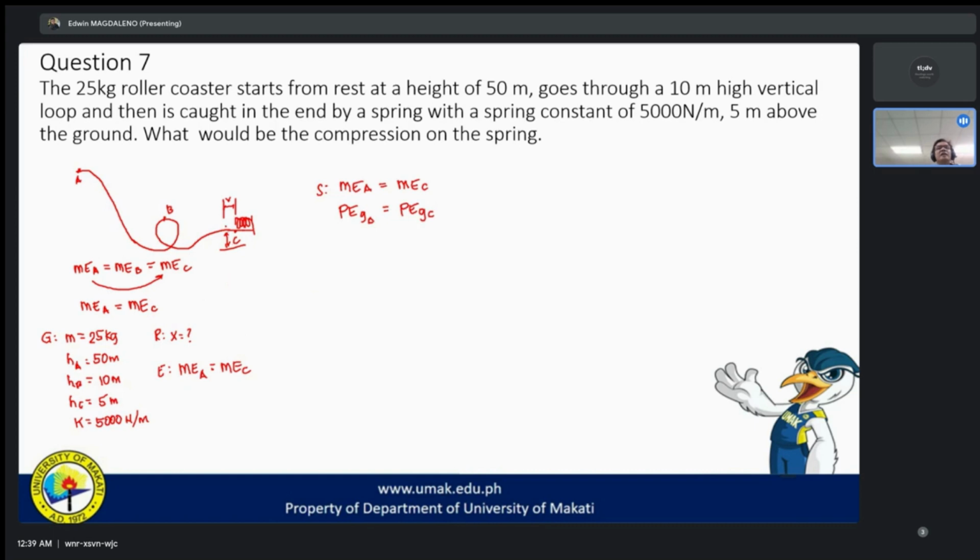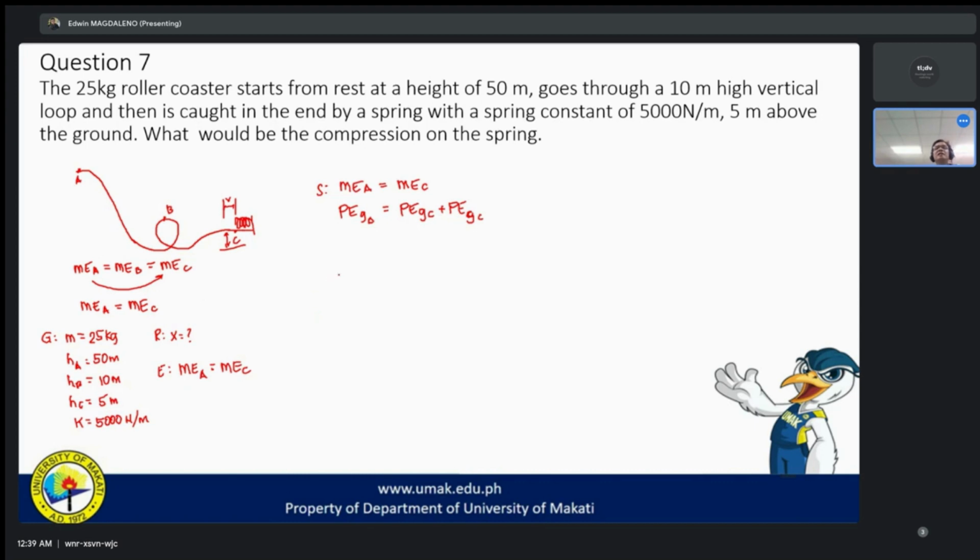Now, we will assume that after the x compression, it has no more velocity. So that means at x, it only has elastic potential energy, plus PEG at point C.